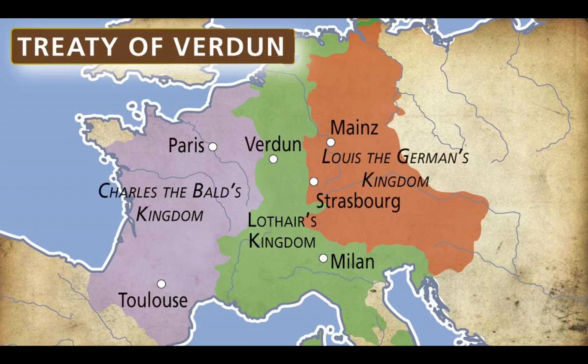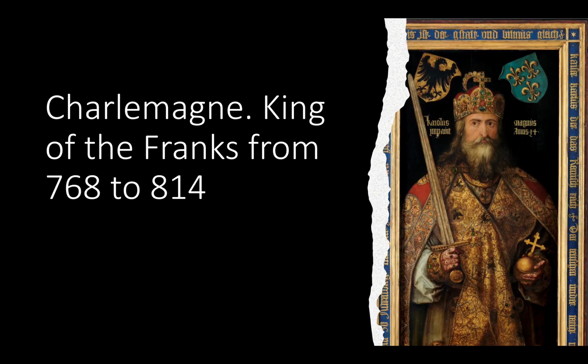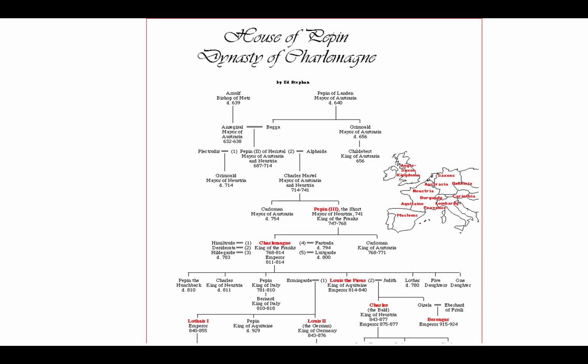Now this didn't happen. This didn't happen because his sons didn't get along well. Charles the Bald, Lothair, and Louis the German. If we go back to this family tree, we can see that here is Charles the Bald, Louis the German, and Lothair. The three of them are children or sons of Louis the Pious, with different women, but that doesn't matter.